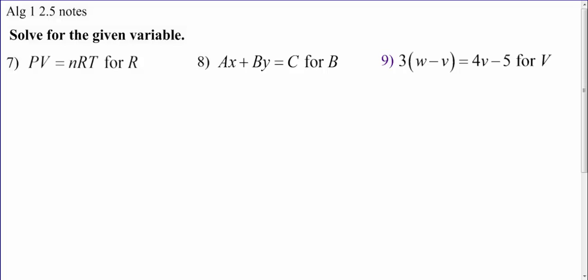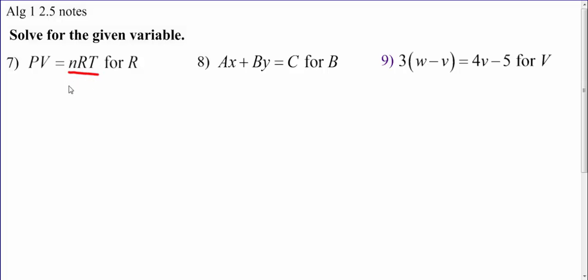All right, same instructions. Here we go. PV equals nRT. This is a gas law formula that you might learn in a chemistry or physics class later on. But we're being asked to solve this for r, the variable r. Now, really, this is a pretty simple equation. That's multiplication, and that's all multiplication.